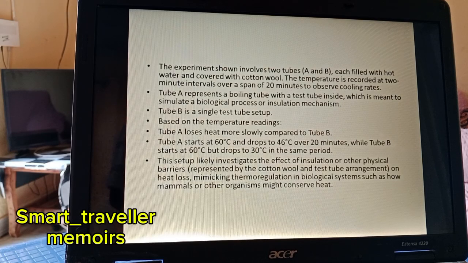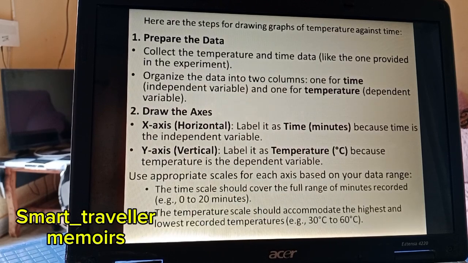This setup likely investigates the effect of insulation or other physical barriers, represented by cotton wool and the test tube arrangement, on heat loss, mimicking how mammals or other organisms might conserve heat.